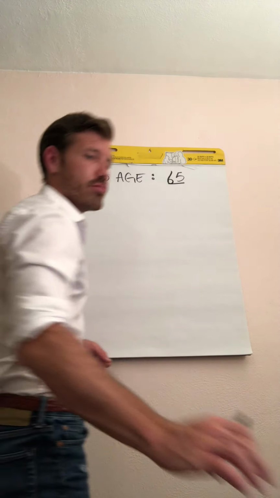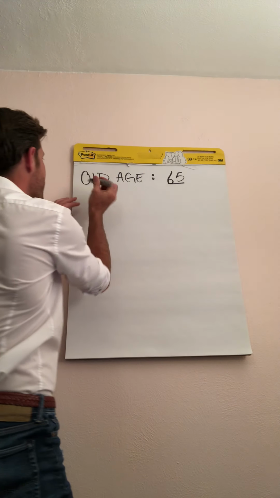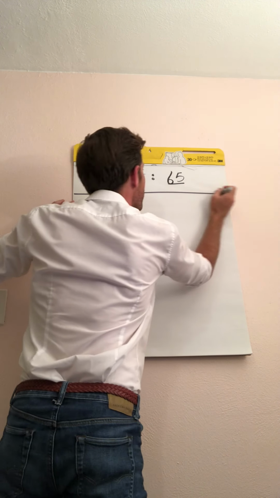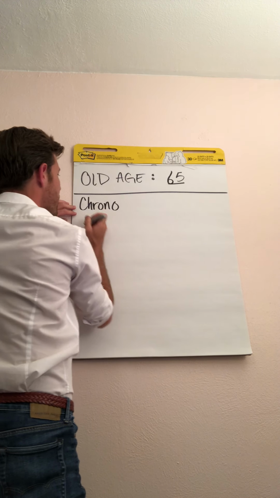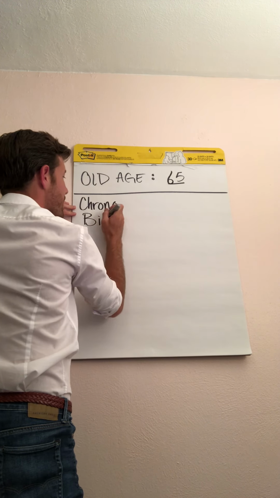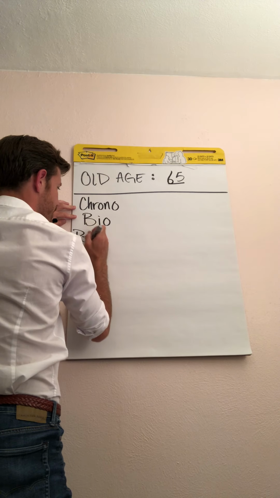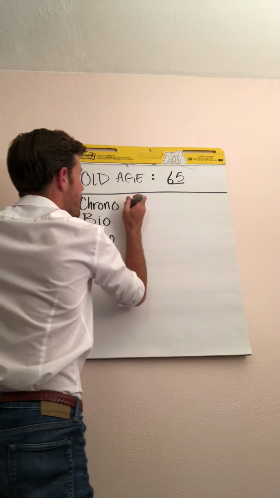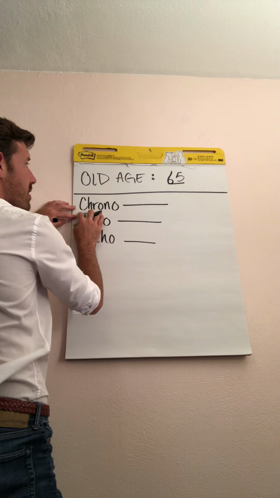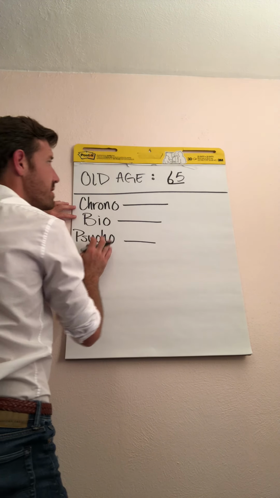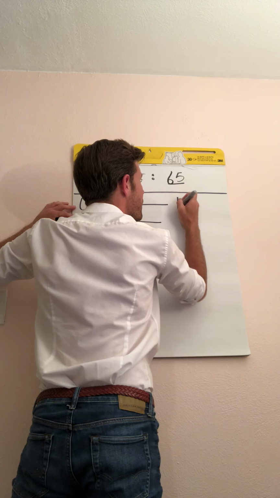All right. There are different ways to assess age. Those are chronologic, biologic, psychologic. If we're looking at chronologic and we're saying it's a way to assess age, we're basing it only on time.